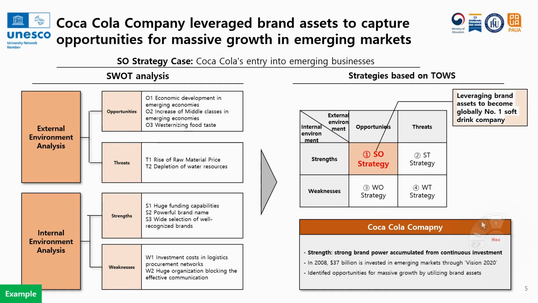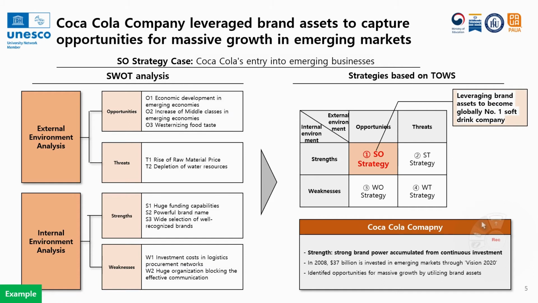And to become globally number one soft drink company, they decided to enter the emerging markets to capture the opportunities open to them in emerging markets. So a lot of economic development, increase of the middle classes, and then westernizing food taste. Everything can be the opportunities to a company like Coca-Cola.